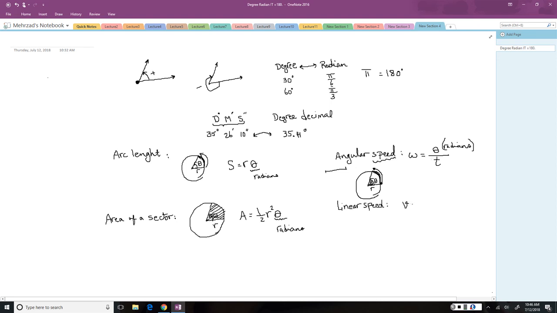And then linear speed, V, is equal to the arc length, remember that you have the formula of the arc length here, divided by time. And then there is a direct relationship between these two: linear speed is equal to the radius times angular speed. So you can also go from one to the other directly using this formula.